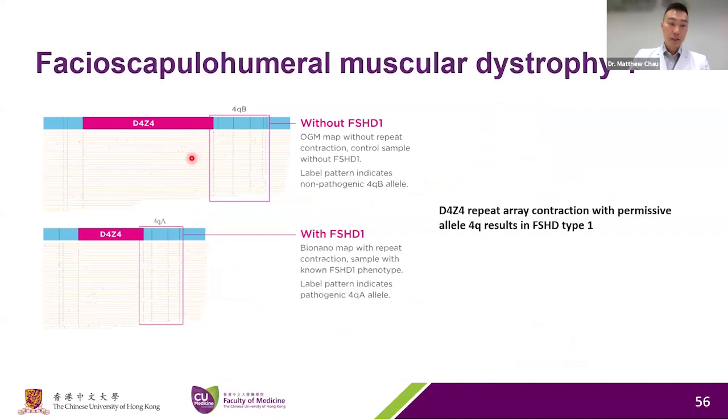So FSHD is a disease that is caused by a repeat contraction on chromosome 4q at the very telomere end. And this has to occur together with a permissive allele called the 4qA. And so the optical genome maps are able to tell you that A, there is a contraction, and B, there is a permissive allele. And when that occurs together, this would be a diagnosis of FSHD1.